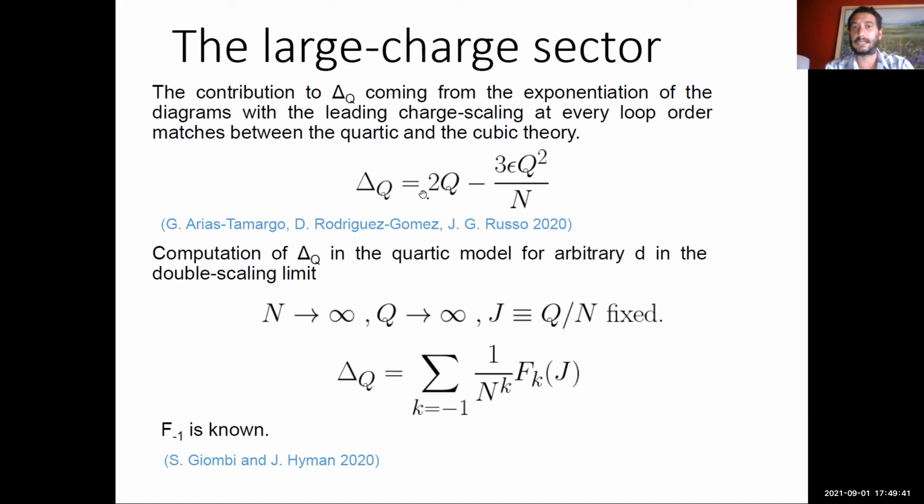And this is the result shown in the slide, where 2Q is the classical scaling dimension, and the second factor is the anomalous dimension to leading order in epsilon and in the charge.